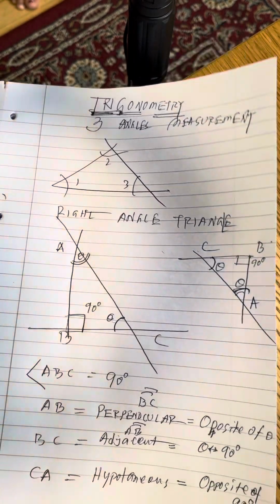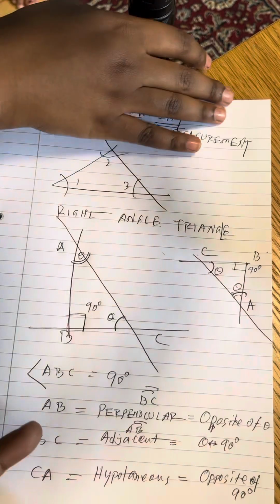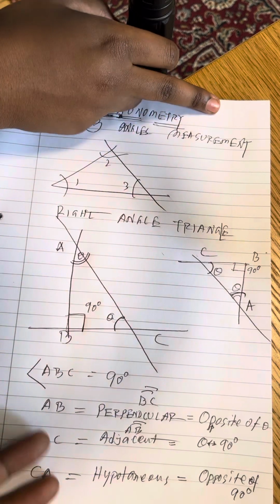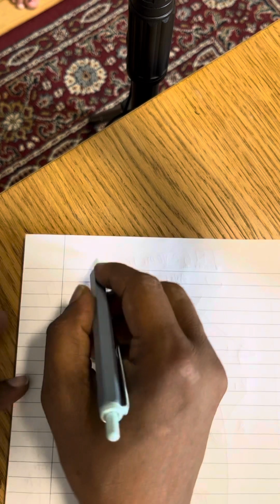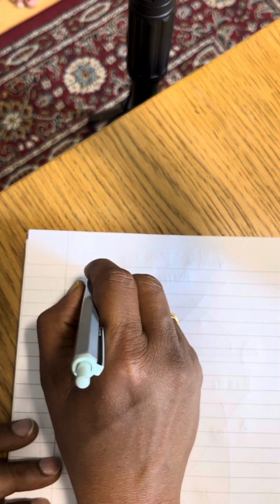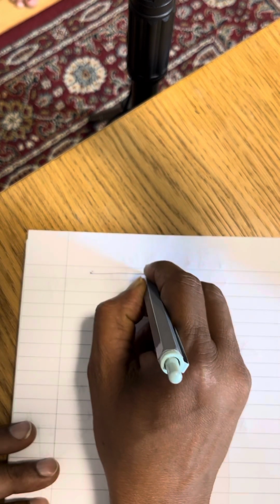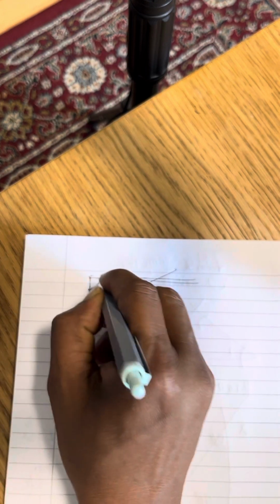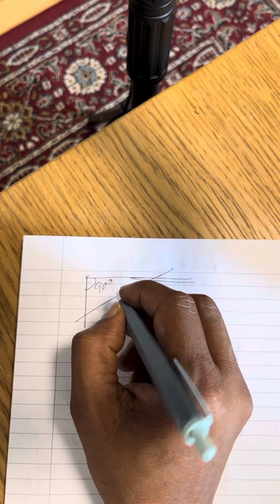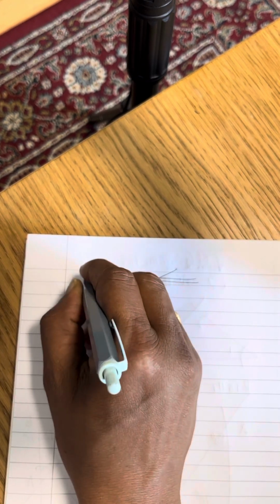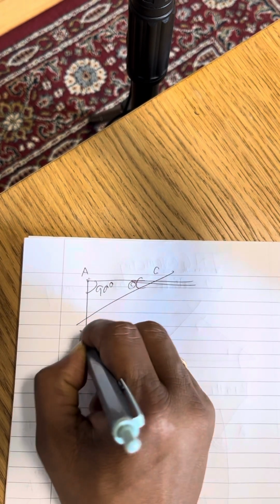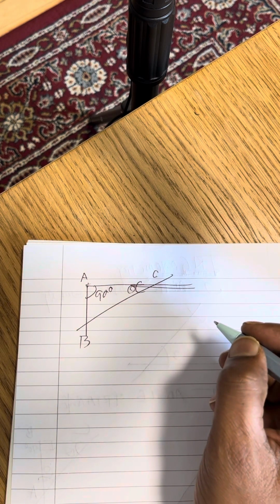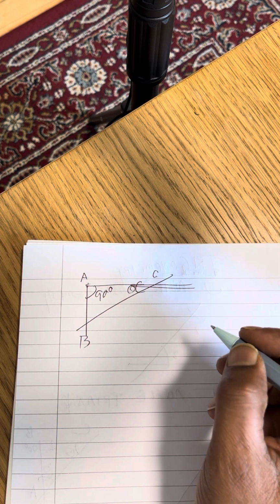And in your book, I have seen many different ways of drawing right angle triangles, and you can practice a lot. So maybe it's like this. This is 90, and this is theta, A, C, B. You can play with the three things: perpendicular, adjacent, hypotenuse.